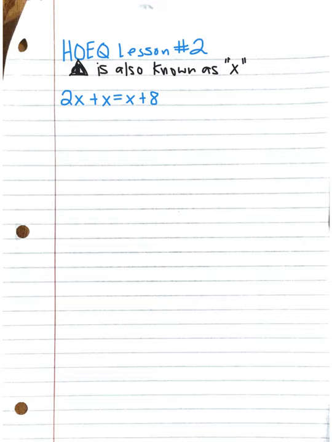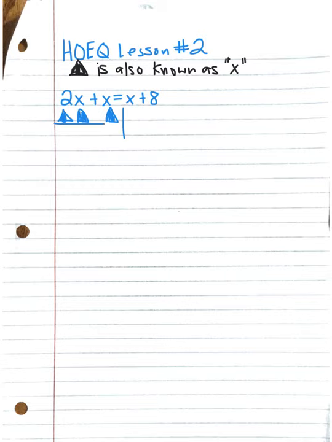So I'm going to replace each of those x's with a pawn or a triangle. Remember that this 2x means I have 2 x's, so I'm going to draw in 2 pawns, plus another x, so another pawn or another triangle.